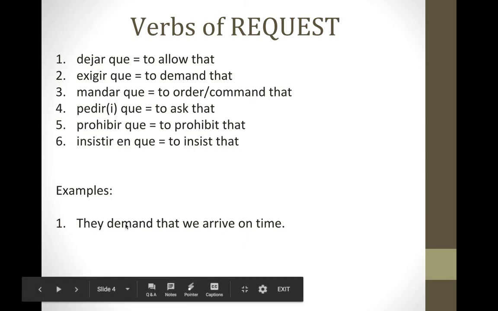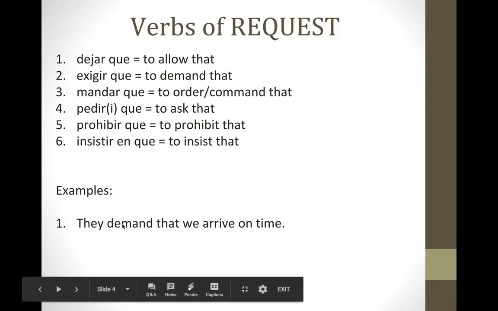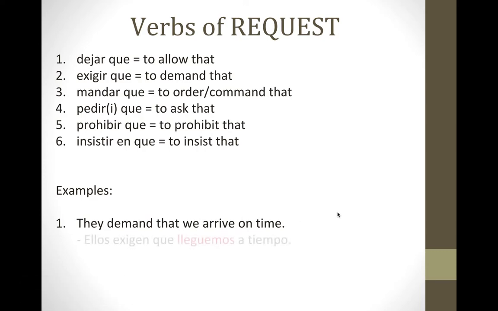They demand, is that a weird verb? Yes, it is. It's their demand, their request that we arrive on time, but will we? That's the part that is unknown. Secondly, is there a change in subject? There absolutely is. They goes to we. So to translate this sentence, you would have, ellos exigen que lleguemos a tiempo.